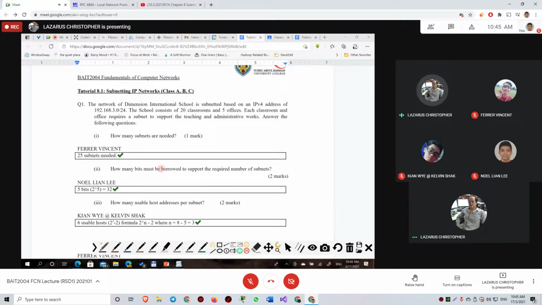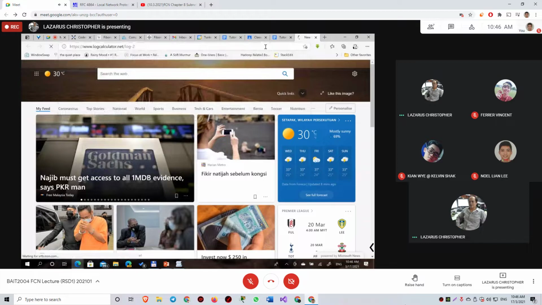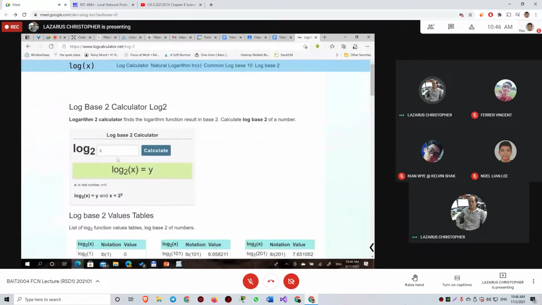Next question: how many bits must be borrowed to support the required number of subnets? 25. Now I've told you already, you can do 2 power 2, 2 power 3, 2 power 4. That method is not really suitable if you're doing class B or A where you deal with larger numbers. For me, I prefer to get it quickly by log base 2.